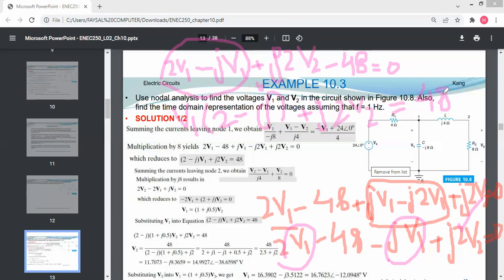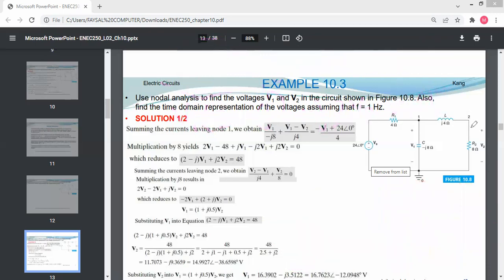Now moving towards nodal point 2, this point. For this point, it will be the same, but I have to write the difference first. So it will be v2 minus v1 divided by the value between, which is j4 ohm.